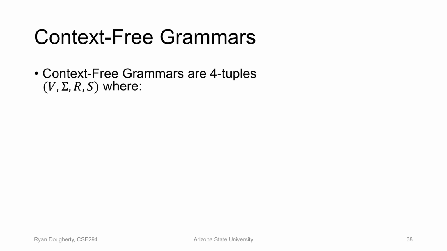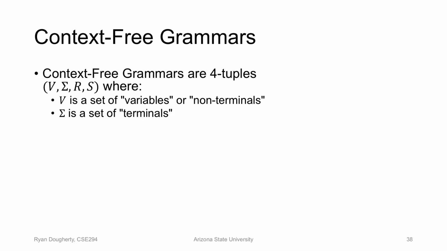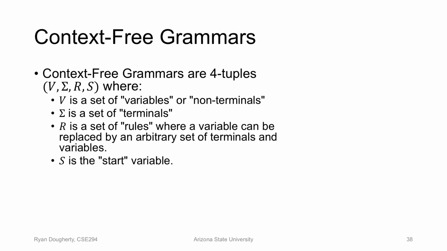A context-free grammar has 4 parts. The 4 parts are V, which is the set of what are called variables. Sigma, that summation symbol, is just a set of terminals. I'll define all these in a second.